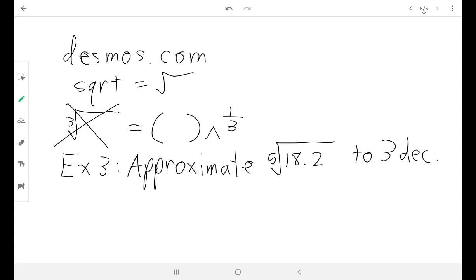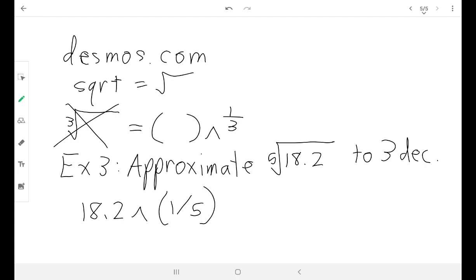Okay? And so instead of trying to put this into a calculator, not really going to find many calculators that can do that. Instead of doing that, you do 18.2, the caret symbol, and then you probably need parentheses in most of them, and 1/5 in the parentheses.